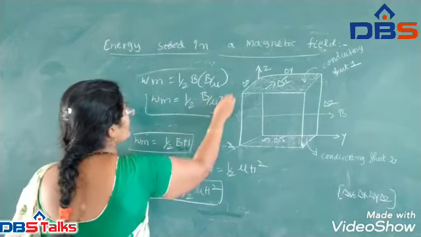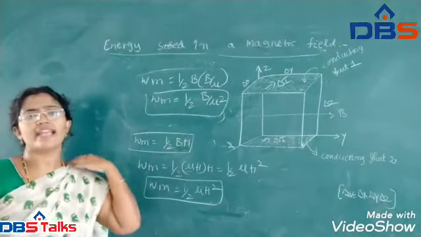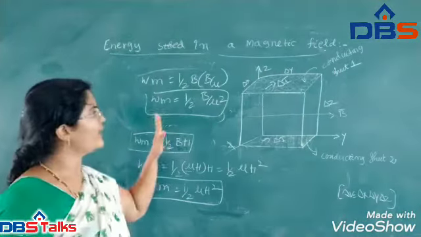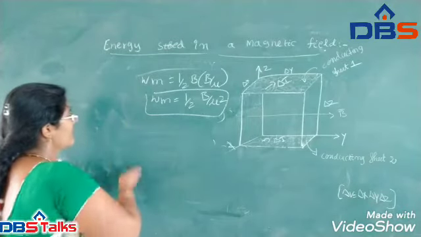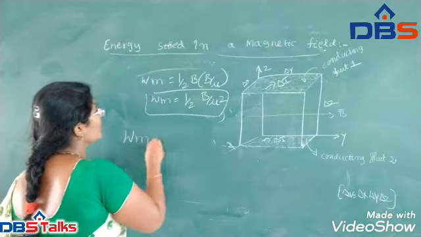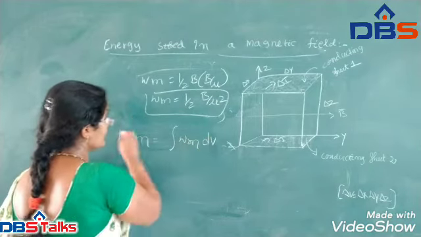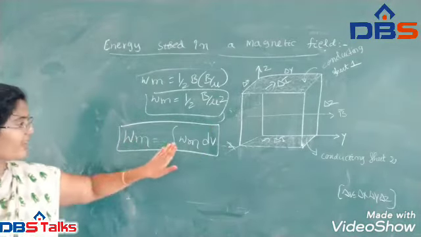This is another formula to express the energy stored in a magnetic field. Okay, so the actual formula you can write as, the energy stored in the magnetic field will be written as Wm is equal to integral of Wm dV. This is another formula to express the total energy stored in the magnetic field.